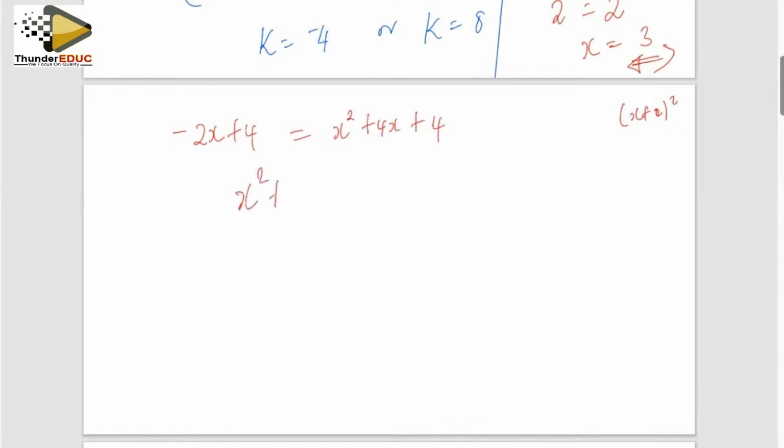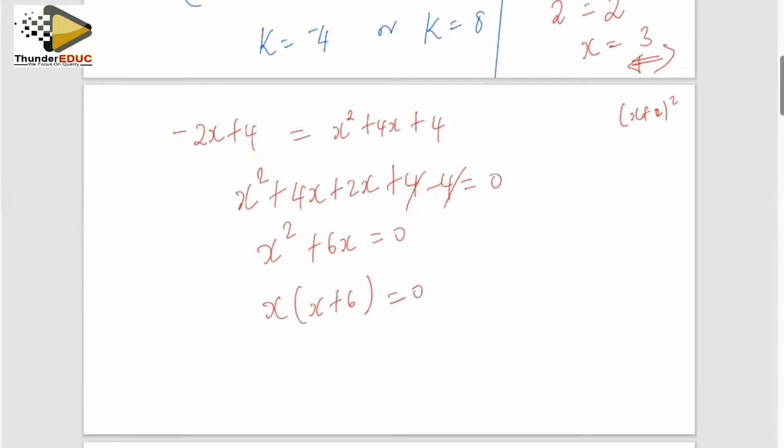So that's going to be x squared plus 4x plus 2x plus 4 minus 4 is equal to 0. So this 4 cancels that 4. We only have x squared plus 6x, which must give us 0. Let's factor out the x. We have x times x plus 6 is equal to 0. So either our x is 0 or our x is negative 6.